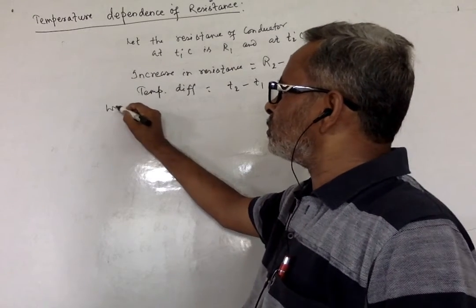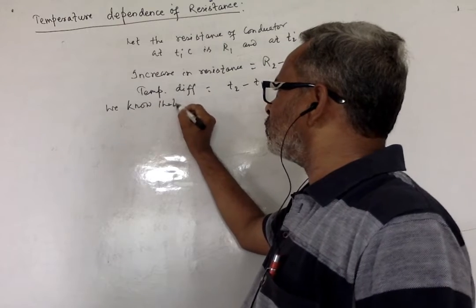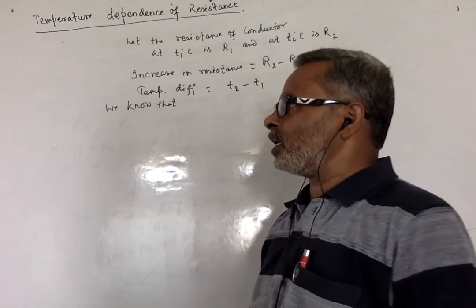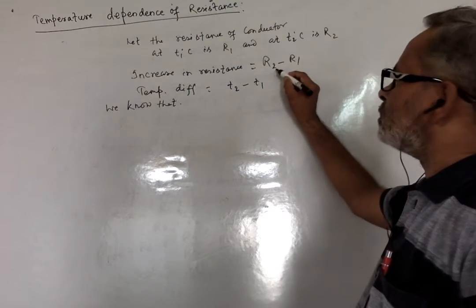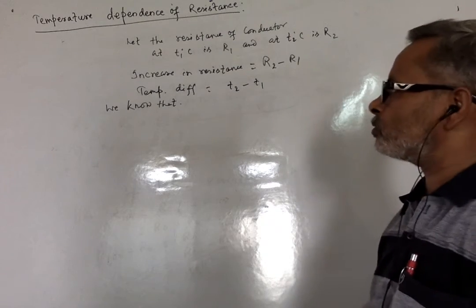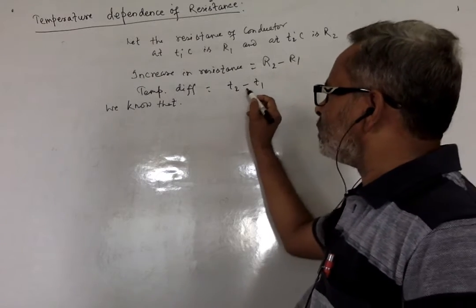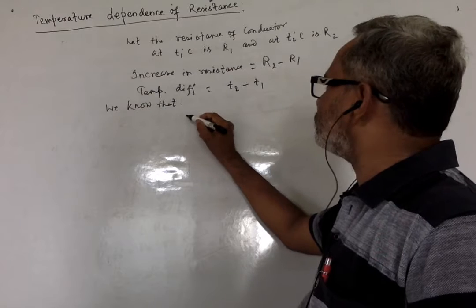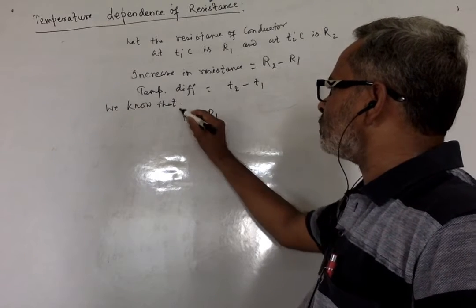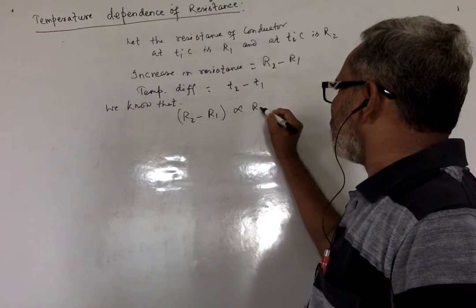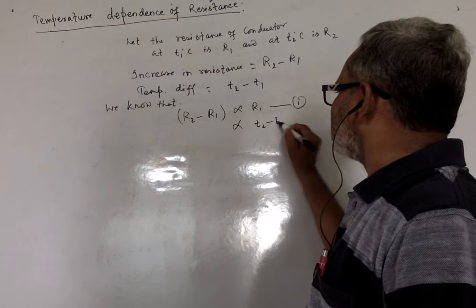We know that increase in resistance is directly proportional to initial resistance and increase in temperature. That is, R2 minus R1 proportional to R1 and T2 minus T1.